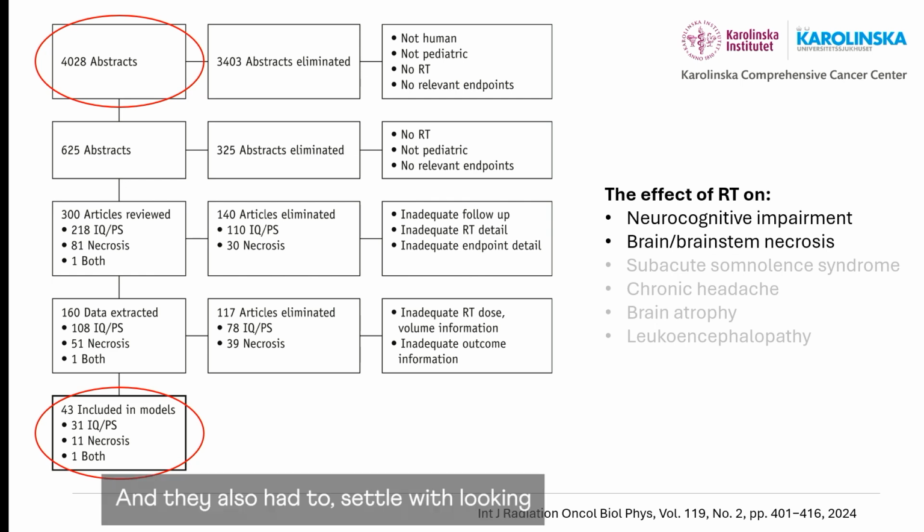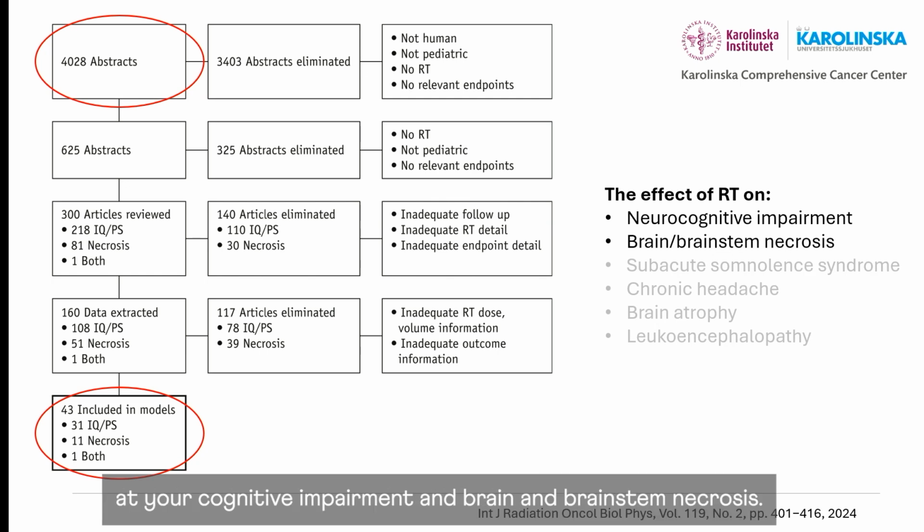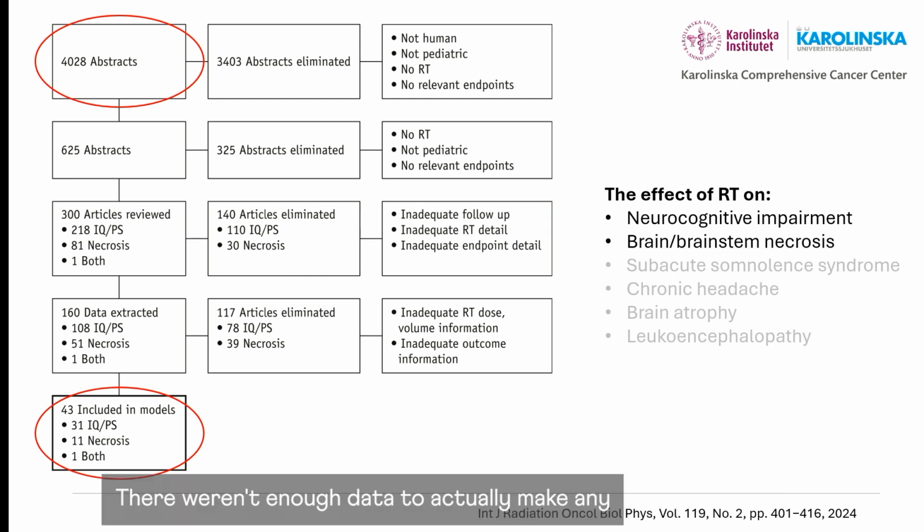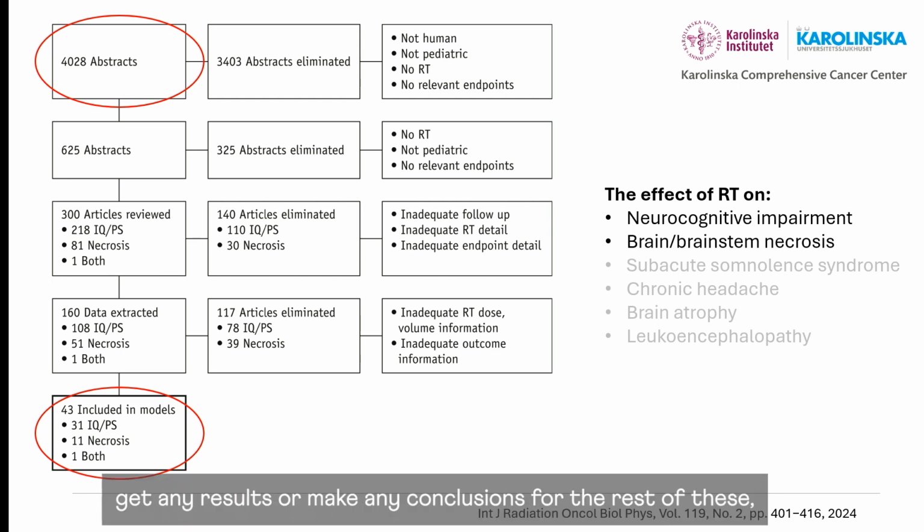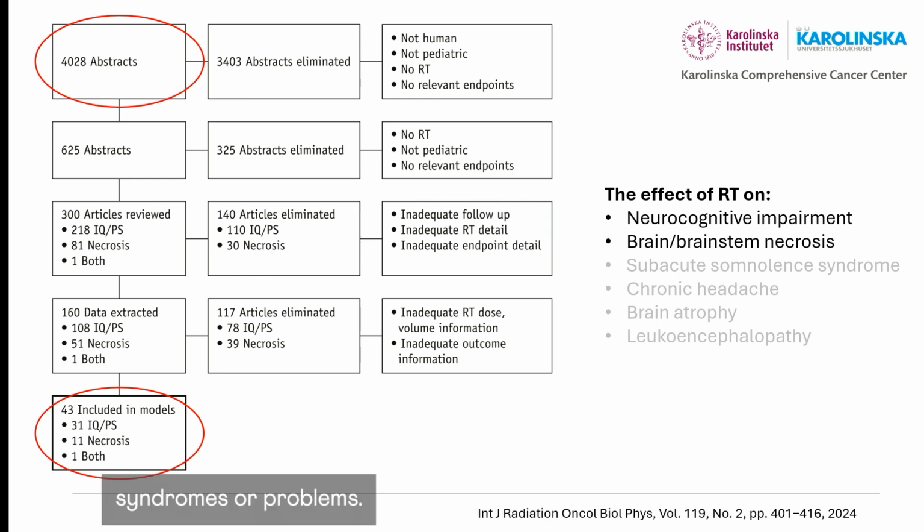And they also had to settle with looking at neurocognitive impairment and brain and brainstem necrosis. There weren't enough data to actually get any results or make any conclusions for the rest of these syndromes or problems.